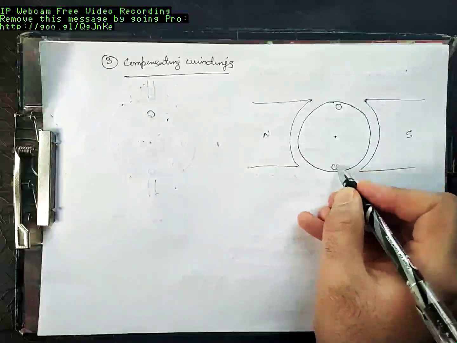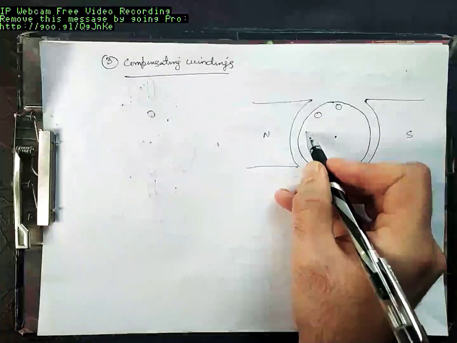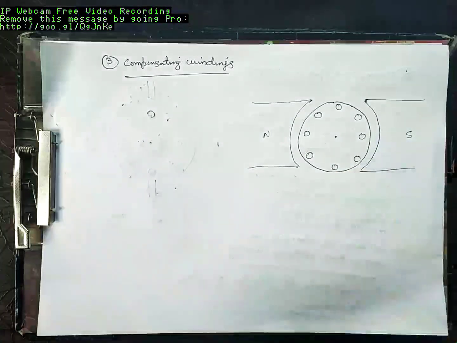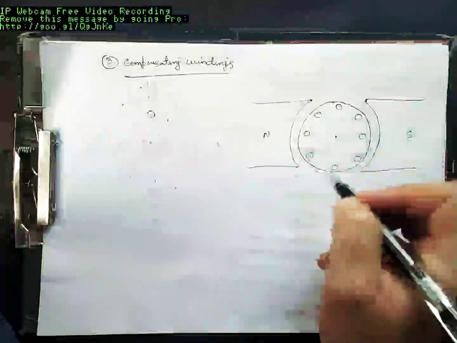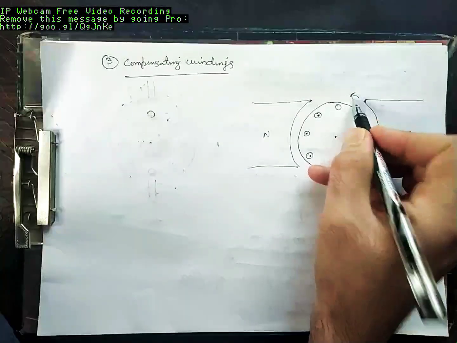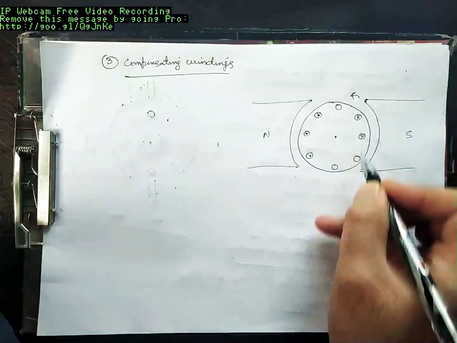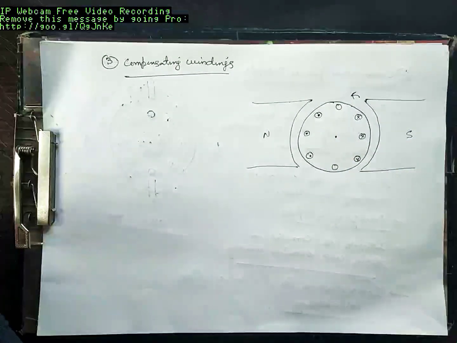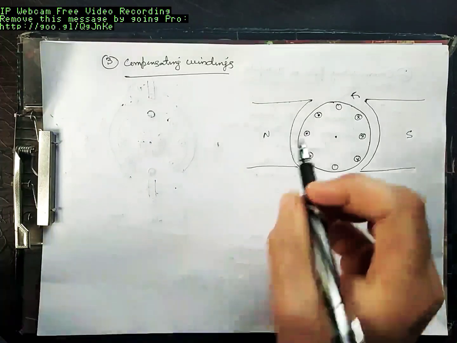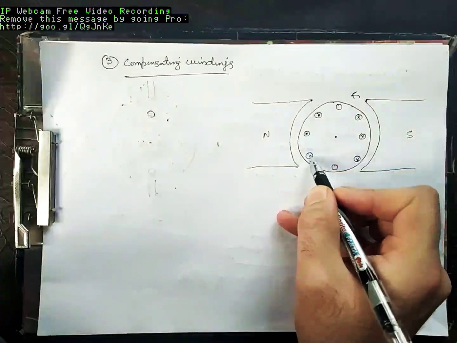We found out in the last class that these conductors under the north pole will have dot polarity for anticlockwise rotation, and these will have cross for the same anticlockwise rotation. What is the main cause of the armature reaction? The main cause of the armature reaction is the magnetic field produced by these conductors.